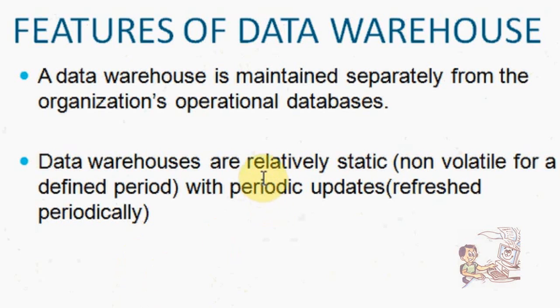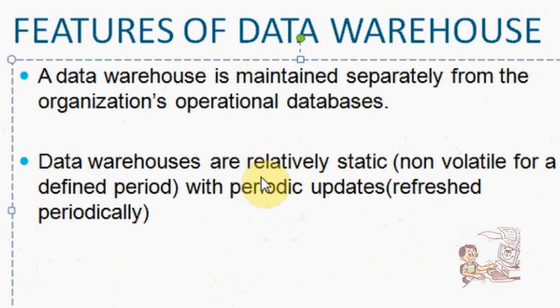Once data is entered into the database, we are not updating anything there. Periodically we just refresh, meaning we insert new records into the database. If there are any changes to existing data, that is also inserted as new records into the data warehouse.